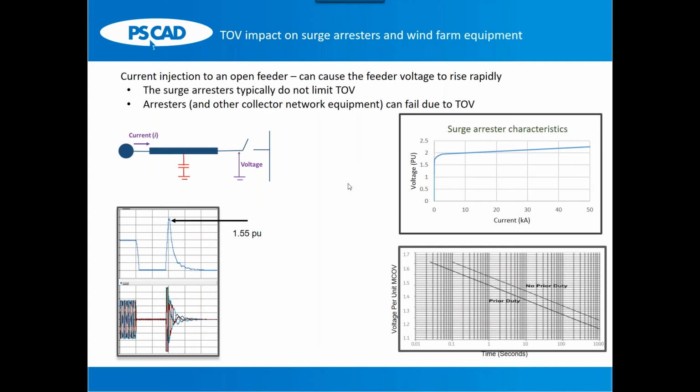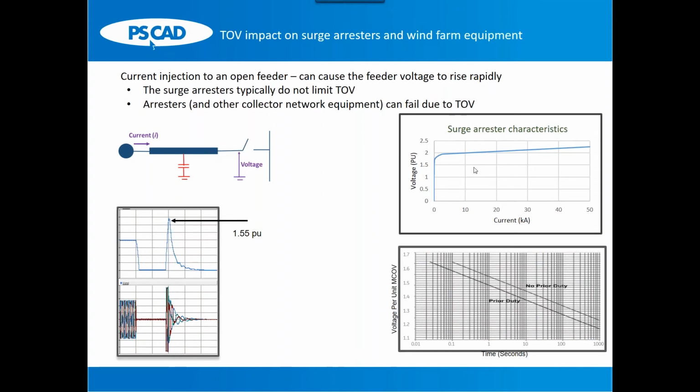Surge arresters typically do not limit temporary overvoltages, which last for a few cycles, and the temporary overvoltages typically occur at 60 Hertz, 50 Hertz, or they may contain low order second, third, fourth harmonics. These are slow events compared to lightning or high frequency switching overvoltages.